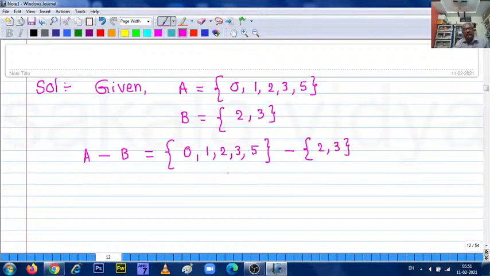Actually, A minus B means the elements which belong to A and do not belong to B. So 2 and 3 should not be there, cut them. Whatever elements remain, we write: 0, 1, 5. So this equals {0, 1, 5}. This is A minus B. I hope you understand.